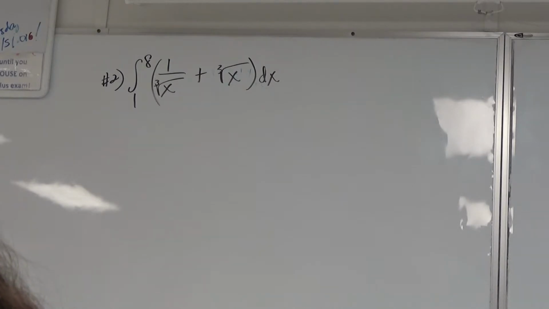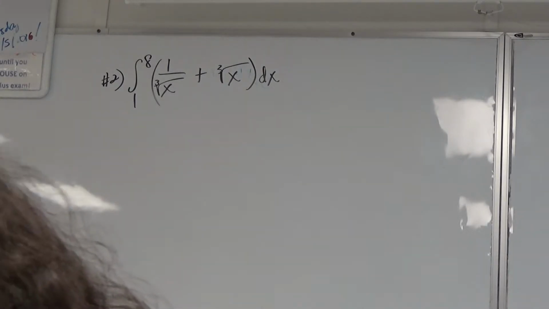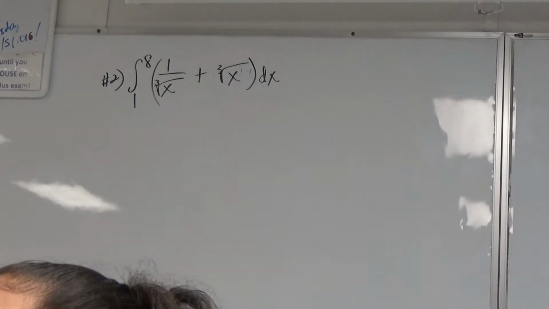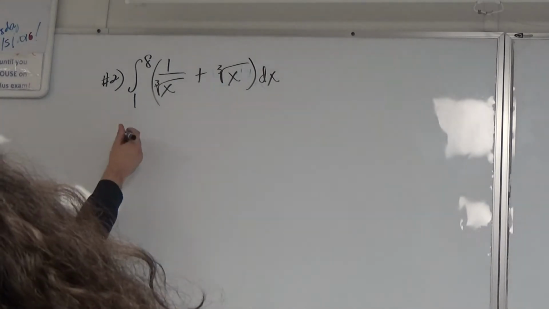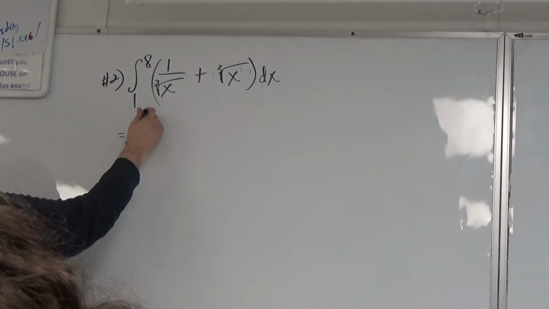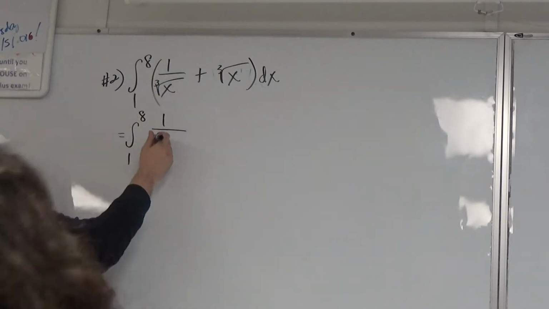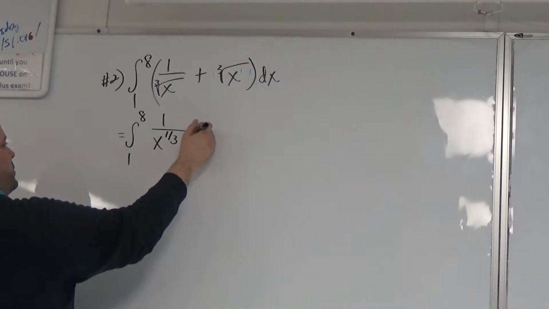It's like number 4. I would rewrite the problem. Get rid of the radicals. So rather than cube root of x, this is really x to the 1/3.